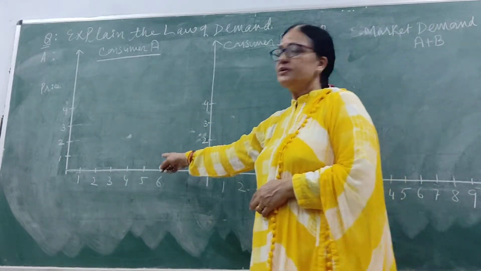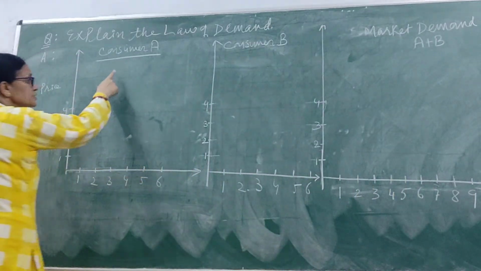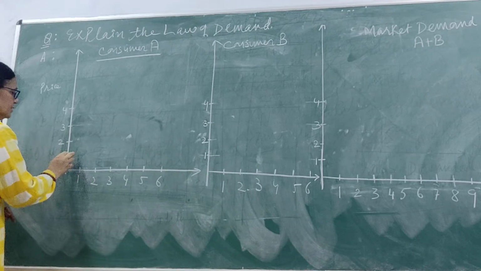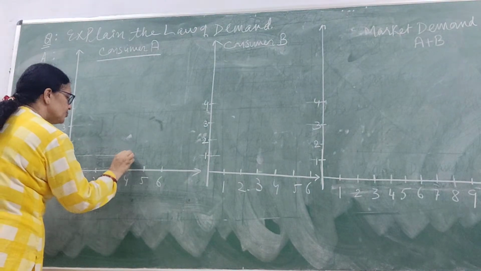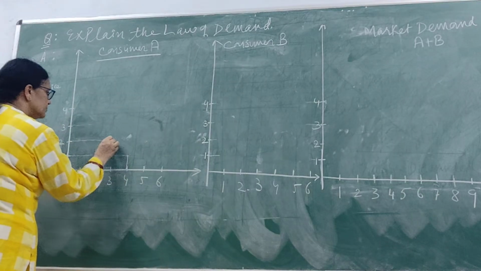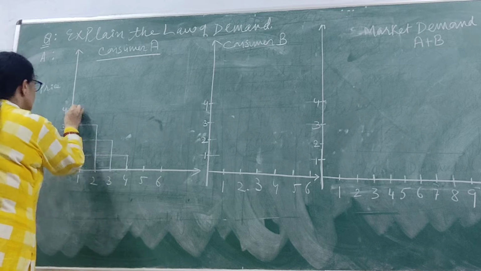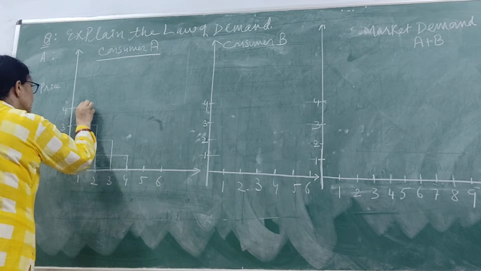In the first diagram we have the individual demand curve of consumer A. So at price 1 the demand was 4, at 2 it was 3, at 3 it was 2, and at 4 it was 1.